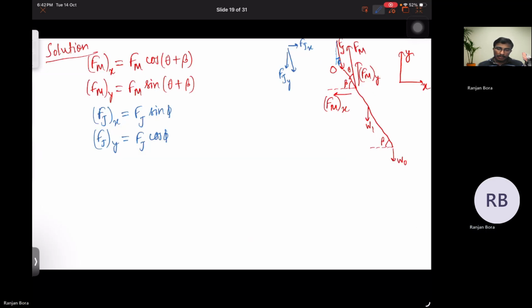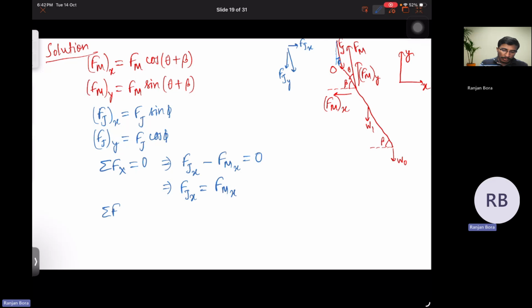So one is the summation Fx equal to 0, so if we do this, then summation Fx in the x direction, what are the forces acting? In the positive x, it is Fjx minus Fmx equal to 0. From here, Fjx equal to Fmx.